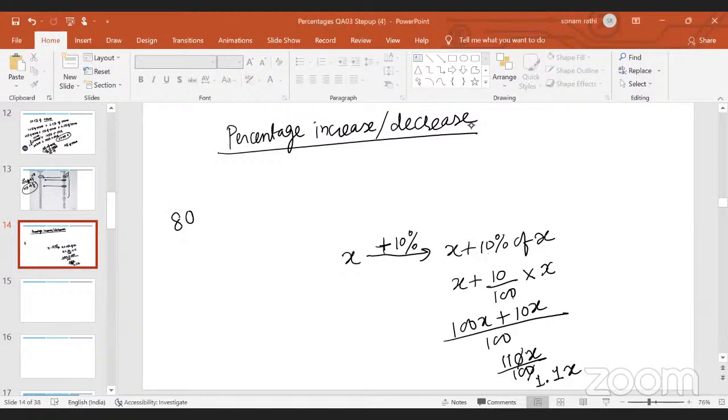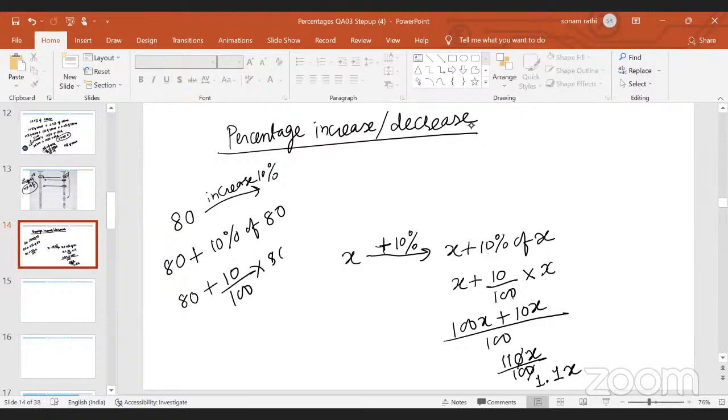You have to increase it by 10%. So what will you do? 80 plus 10% of 80, right? This is how you will write 80 plus 10 by 100 into 80. The zeros cancel. So 80 plus 8, 88. Similarly, I am doing the same operation on X.